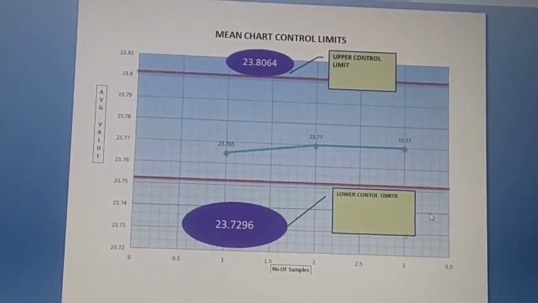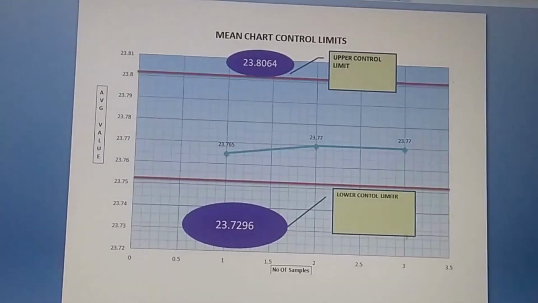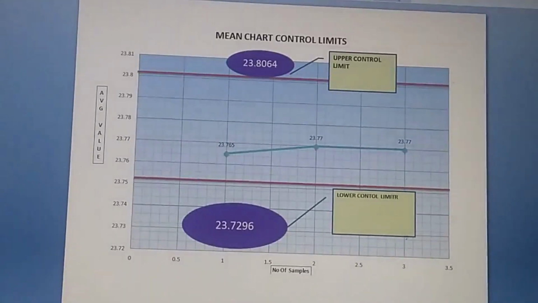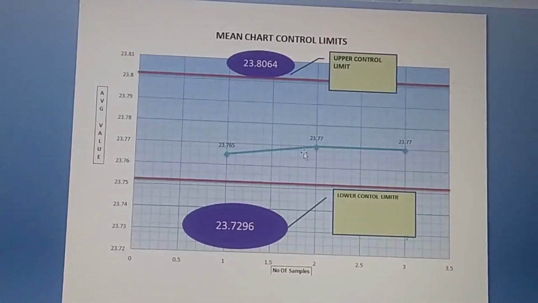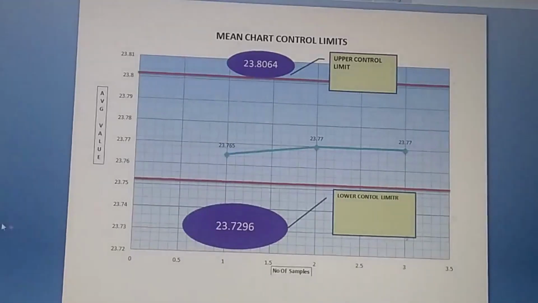Okay, so there should be an error in the process due to some variable. That's why the concluding point is that we should plot the graph in order to reach the conclusion whether our process is under control or not, or whether our observations are safe or not.